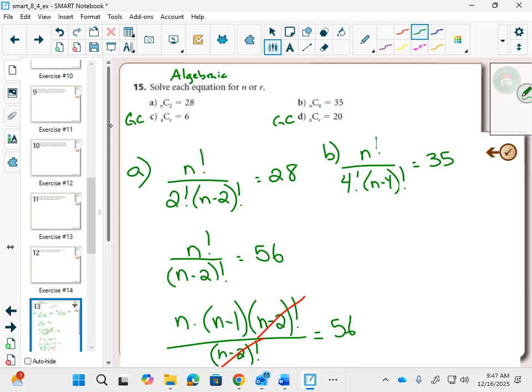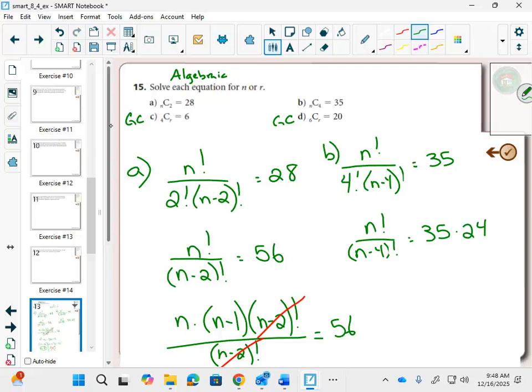So here, 4 factorial is 24. If I put my 24 on the other side, I'm just going to write it as multiply 24. There's a reason for that. I don't want to multiply it out because my mental math isn't feeling it this morning. And the reason for this strategy is actually going to be helpful if I don't multiply it out.